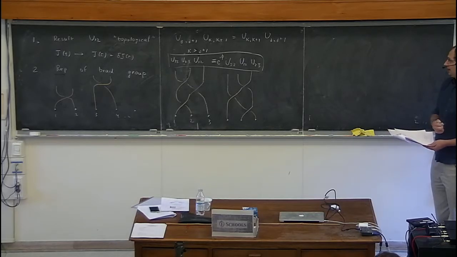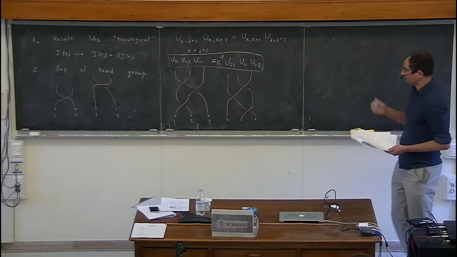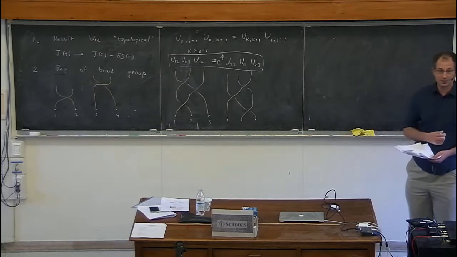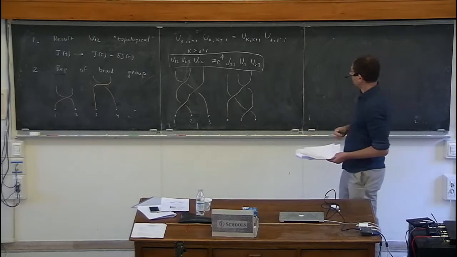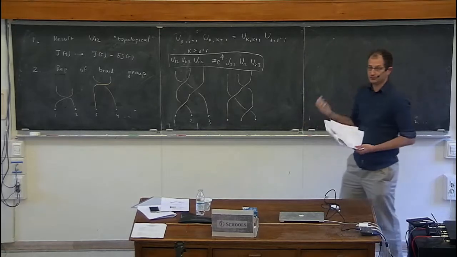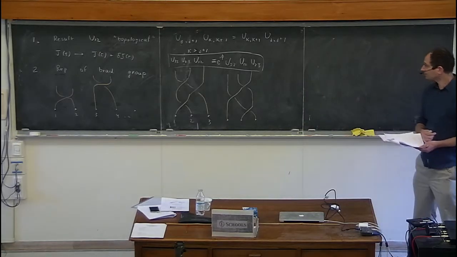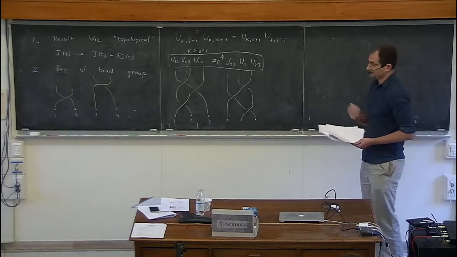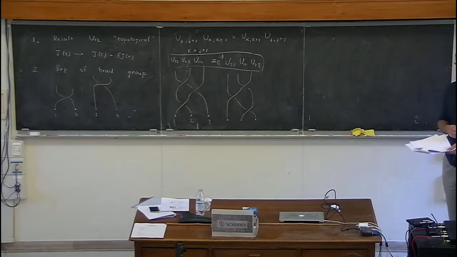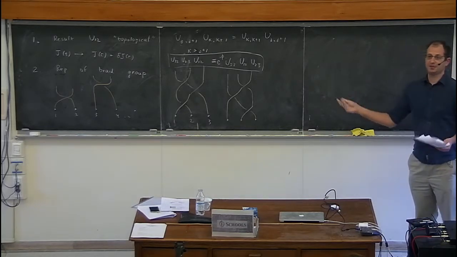Now the dream is to use these Majorana zero modes as qubits. So for that we need a set of braiding operations that would be universal for quantum computing. I'll demonstrate that these Majorana zero modes, as was mentioned earlier, are actually not universal. So that's part of the motivation to try to look for things beyond Majoranas.